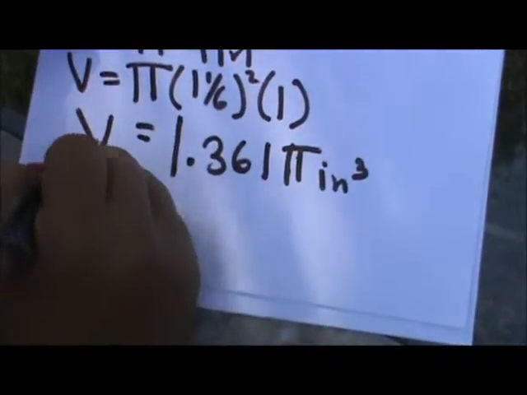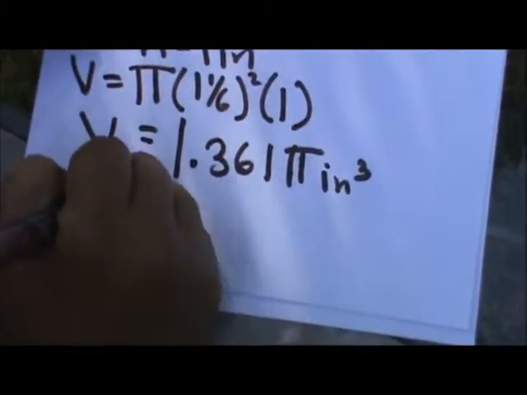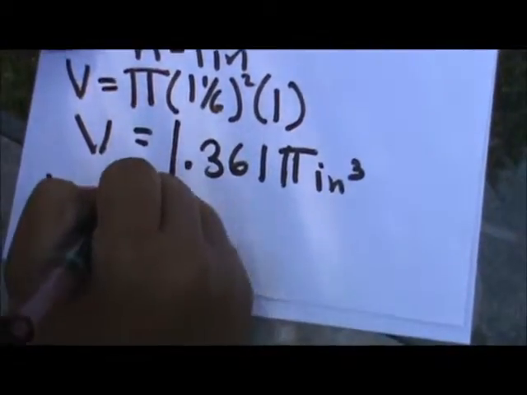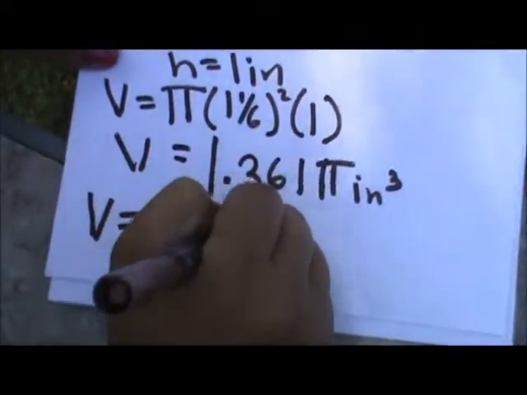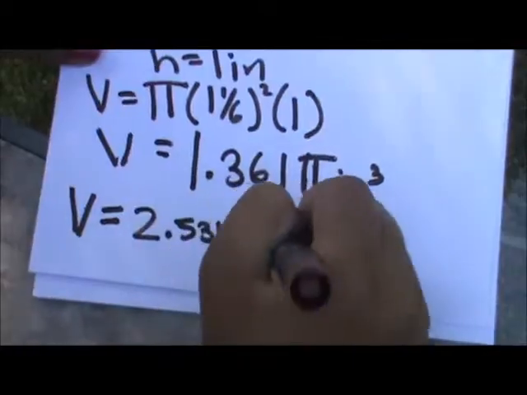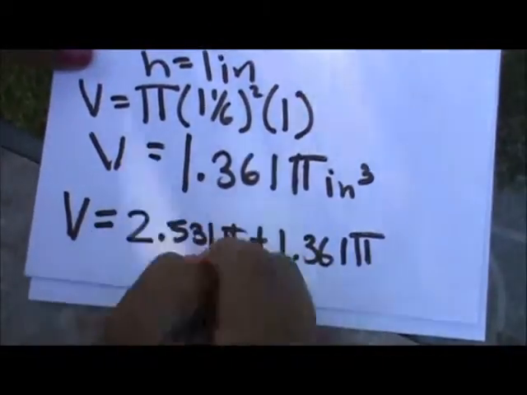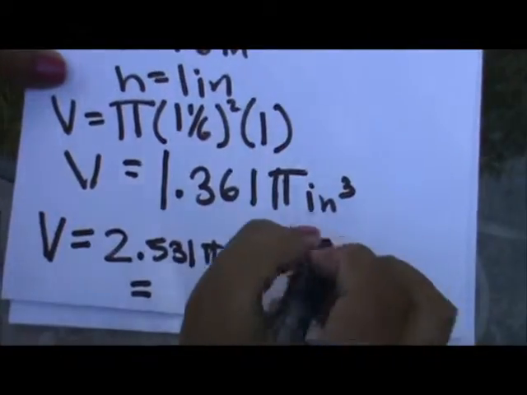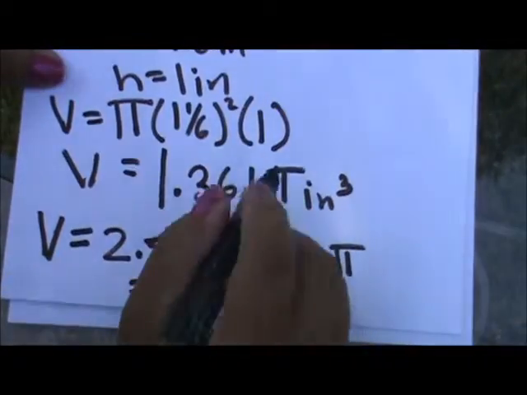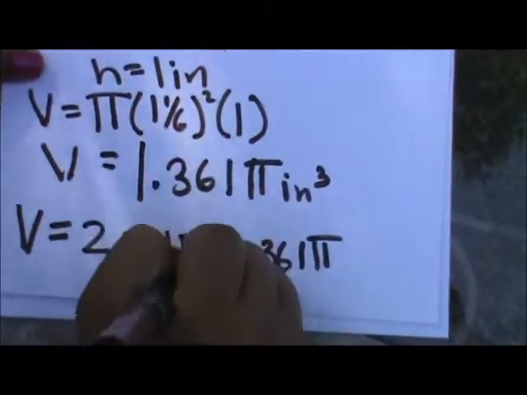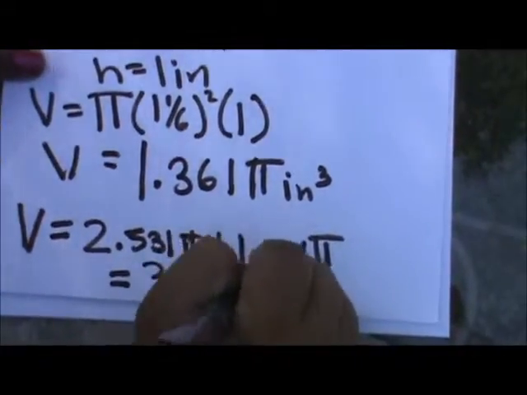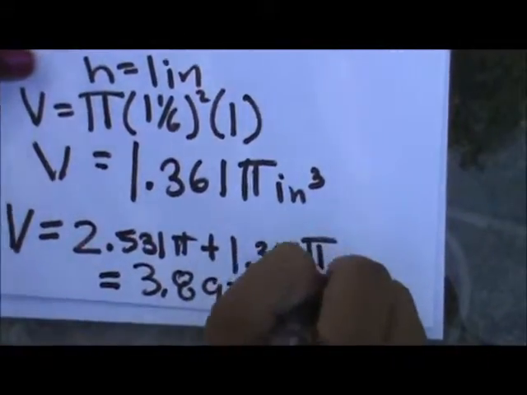So now, to find the volume of the cone all together, we just add both of the answers up. So 2.531 pi plus 1.361 pi, which totals to 3.892 pi inches cubed.